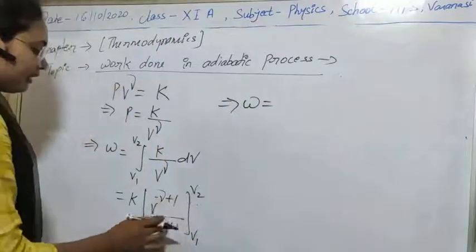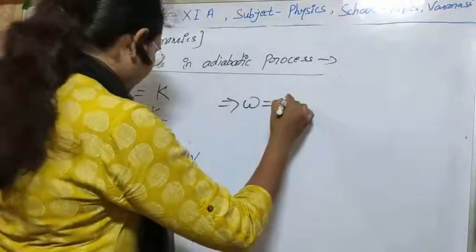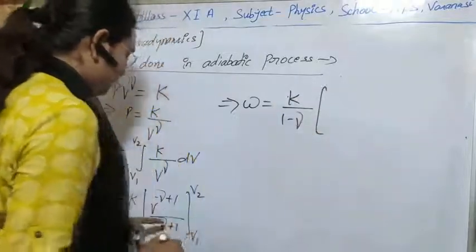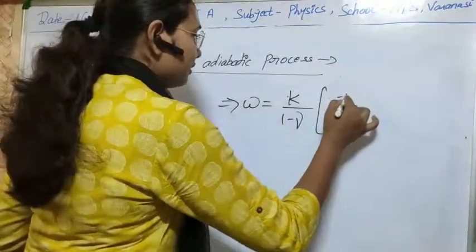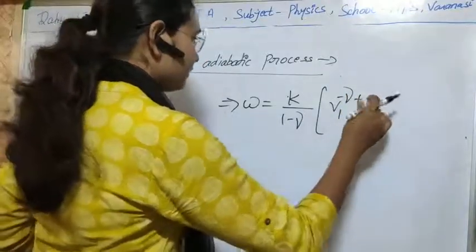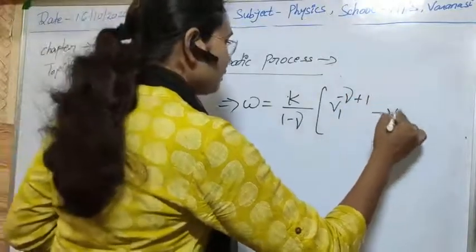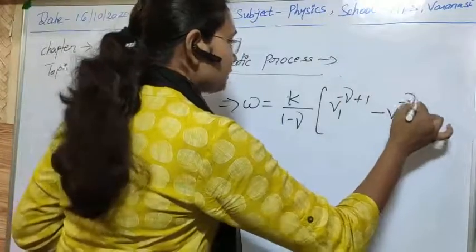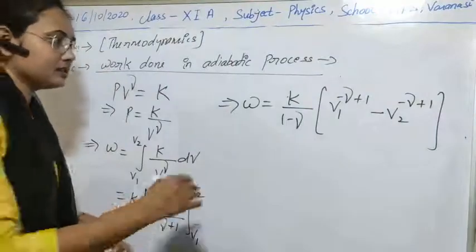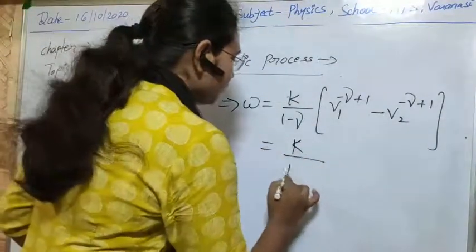After putting the upper and lower limit, we will get W equal to K upon 1 minus gamma times V1 power minus gamma plus 1 minus V2 power minus gamma plus 1. Finally we will obtain this condition.